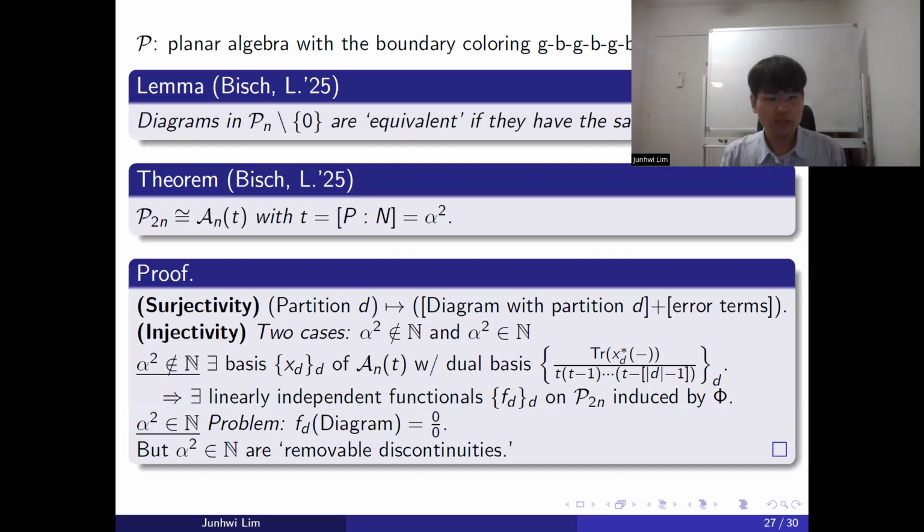And when alpha squared is an integer, extra care needs to be taken because the formula for the linear functional is 0 over 0. But this can be regarded as a removable discontinuity. So the same result can be extended from the non-integer case.